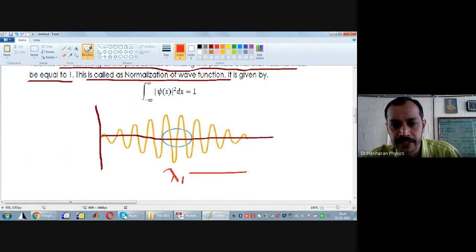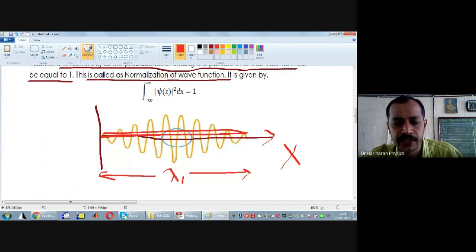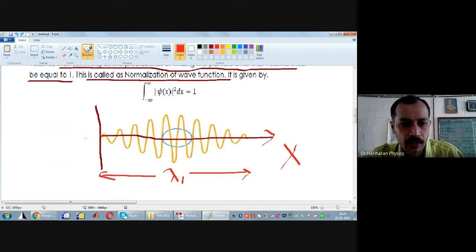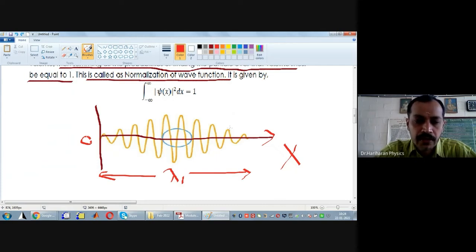This is the x-axis, and this is the origin O. Now if I know for sure that the particle, an electron, exists somewhere within this region, that is, x lying between 0 and lambda 1, just as I know my mobile exists somewhere within this region.